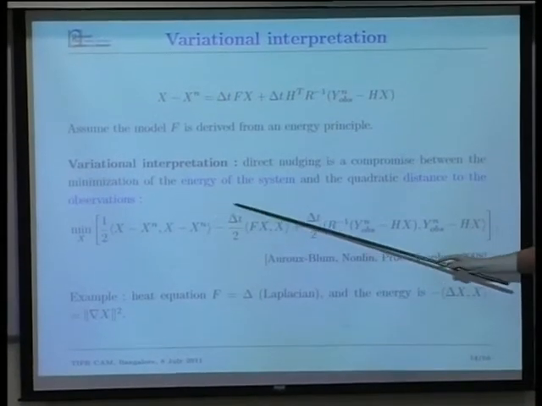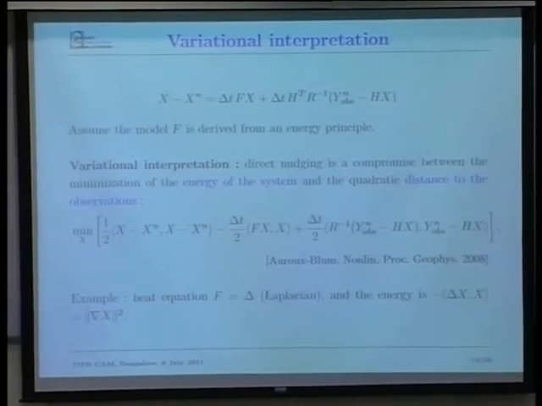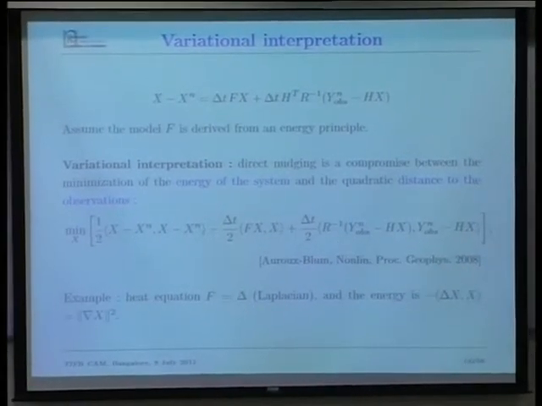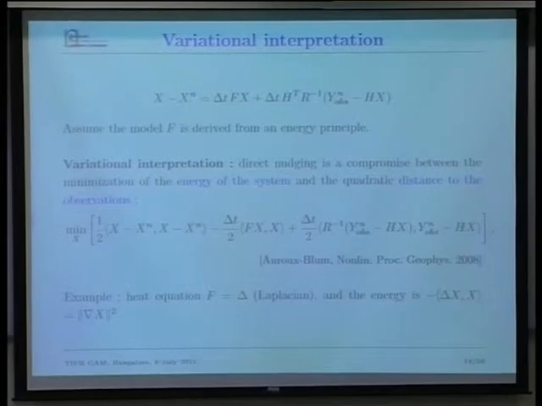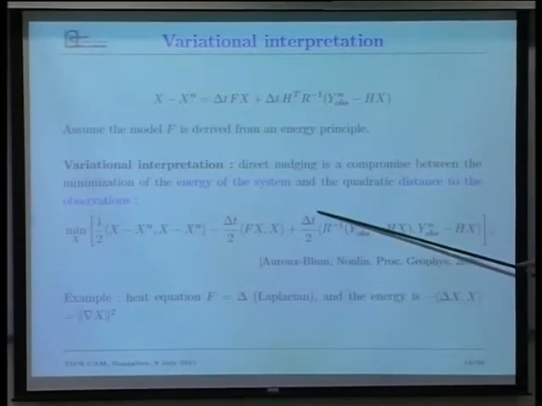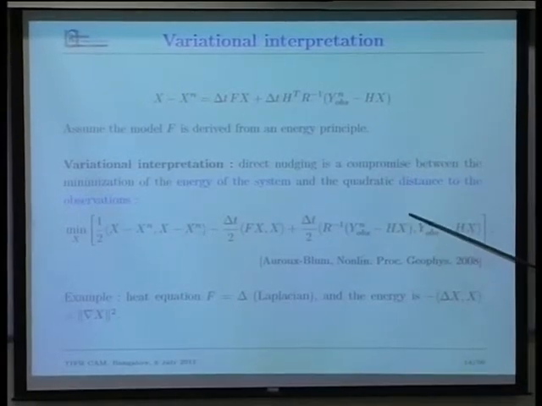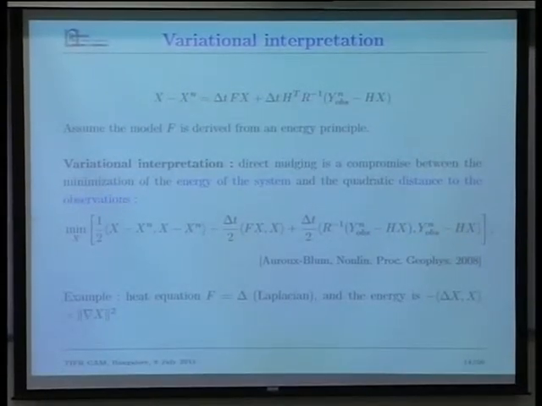Here it's the same: if f is a physical model, then usually minus f(x) dot x is the energy of the system. And this is the quadratic distance to the observations. It's the same term as in the 4D-Var.